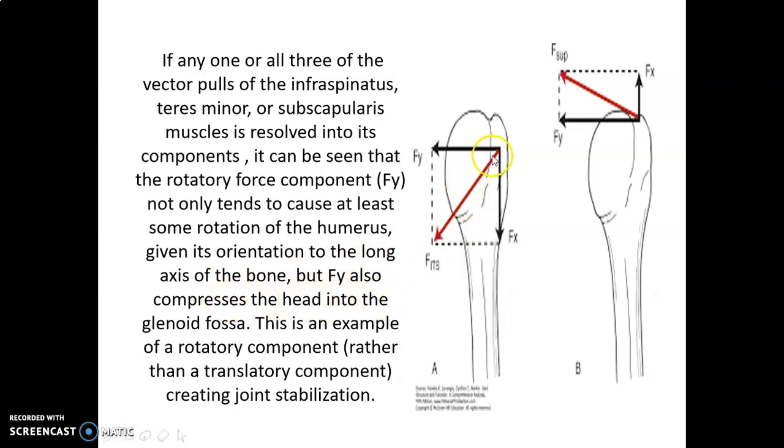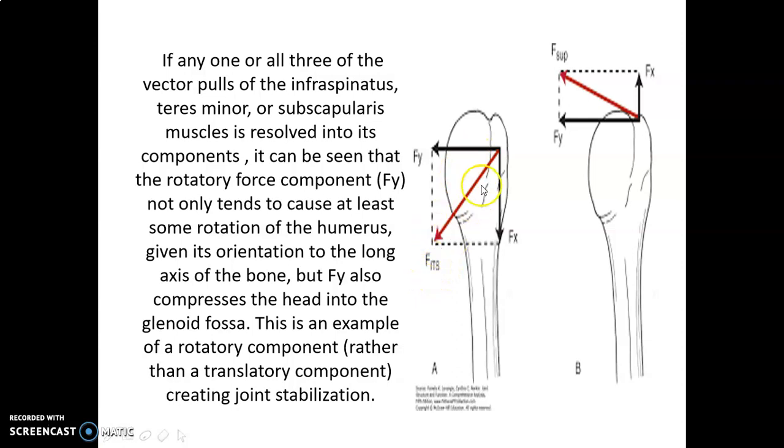Here we are talking about the rotator cuff force vectors. Even though we take into consideration the SITS, the four muscles of the rotator cuff tendons, when describing them in force vectors we separate the supraspinatus from the infraspinatus.